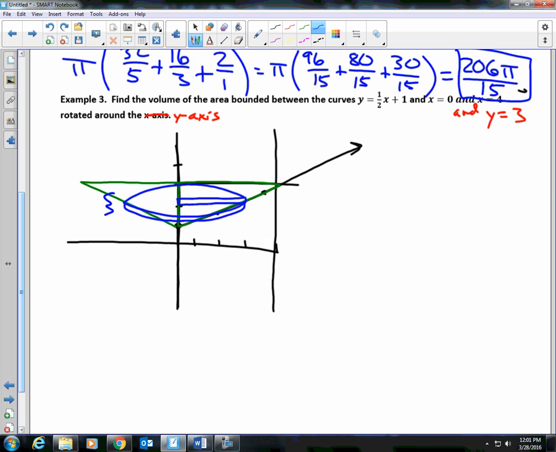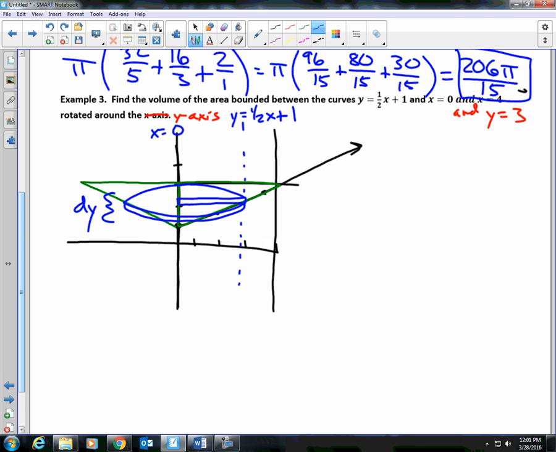So thickness is dy. What's the equation for the center of rotation? X equals 0. What forms the outer part of the disk? The function, correct? Which is y equals 1/2 x plus 1.